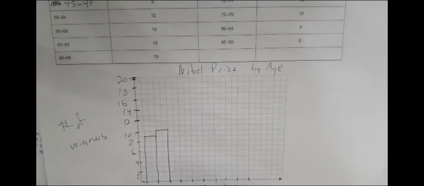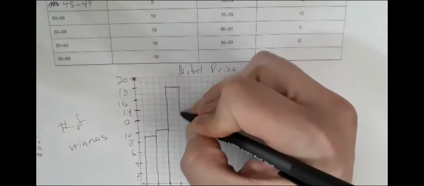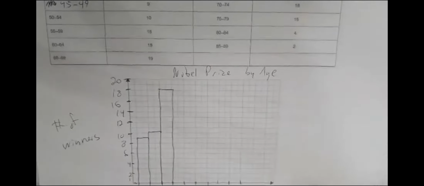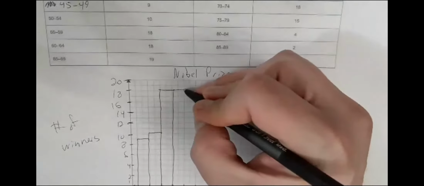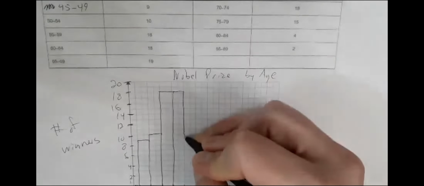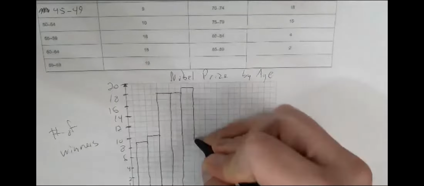The next one I have to go up to 18. The next one stays at 18. Next one goes up to 19. 65 to 69 is 19.